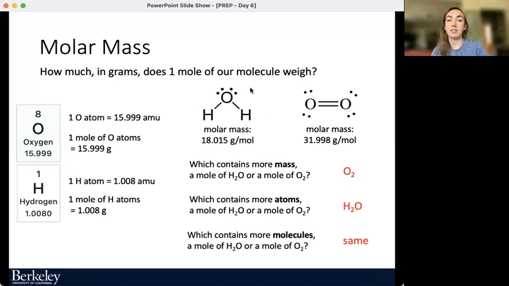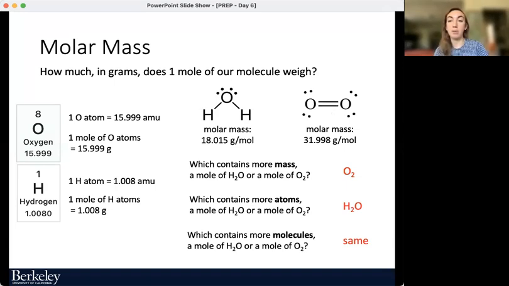So this is one H2O molecule. This is one O2 molecule. So when elements are bonded together, they become a molecule. And so one H2O molecule has 3 atoms in it, and one O2 molecule has 2 oxygen atoms in it.